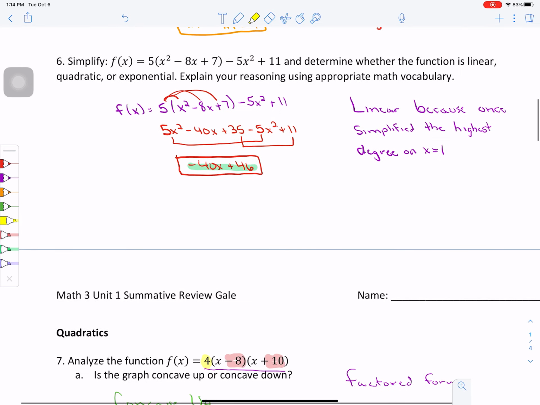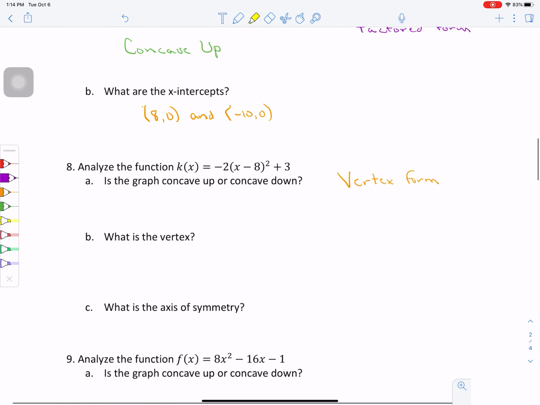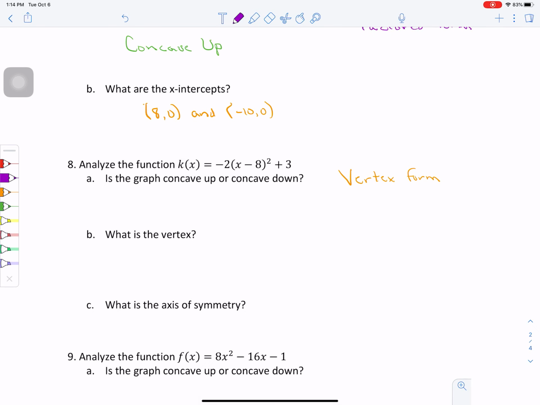First thing it says is concave up or down. That is decided by the a value, which is the first number. In this case, it's negative, so it's going to be concave down.